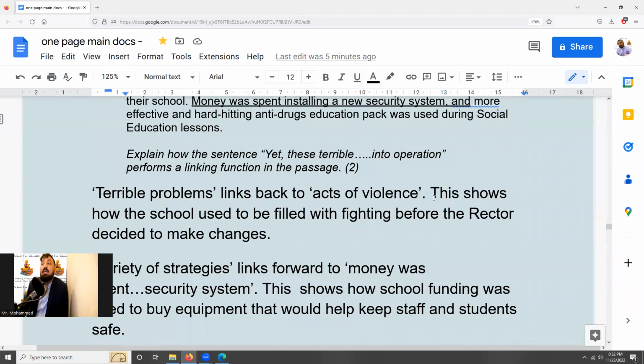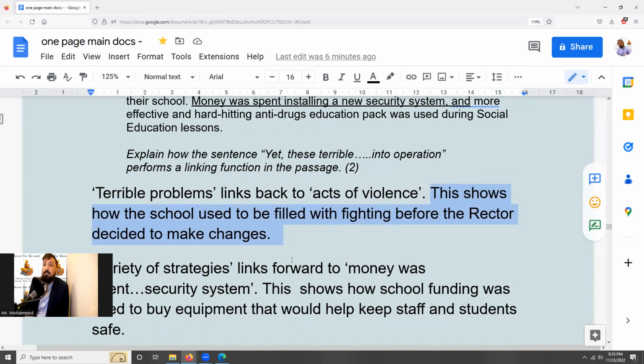Okay. And now all I have to do is put this "acts of violence" into my own words. I just need to explain what it means. So this shows how the school used to be filled with fighting, that is acts of violence, before the rector decided to make changes. So before the head teacher decided to come in, the school used to be filled with a lot of fighting. Very simple.